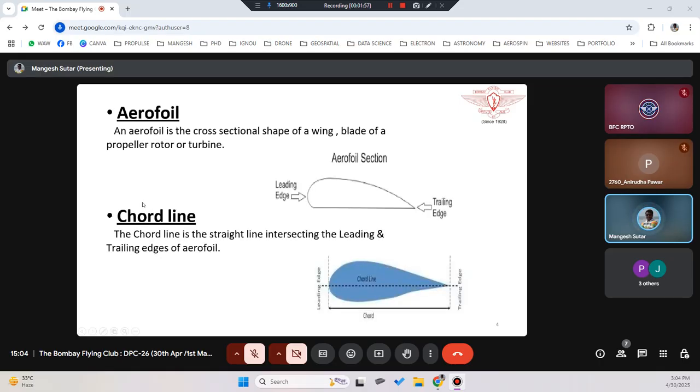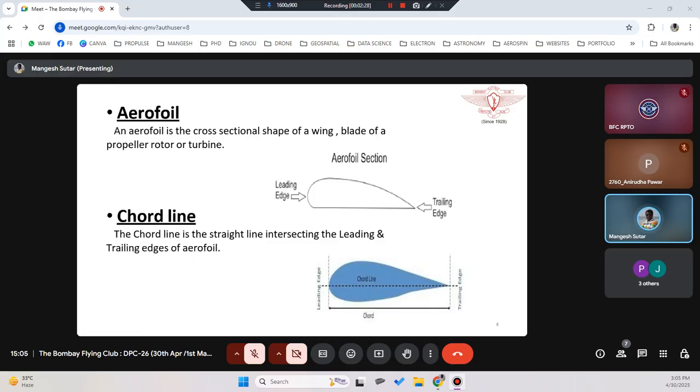An airfoil is the cross-sectional shape of a wing, or of a blade of a propeller, rotor or turbine. So what do you mean by cross-section? Any idea? Cross-section means a shape where we have cut it laterally, cut the wing and taken the shape.